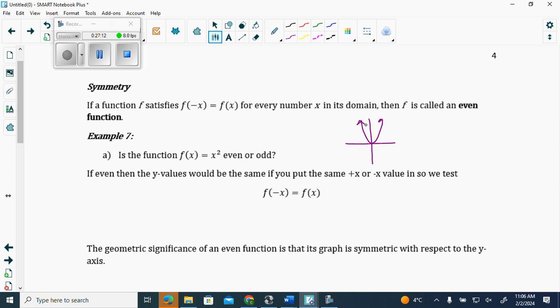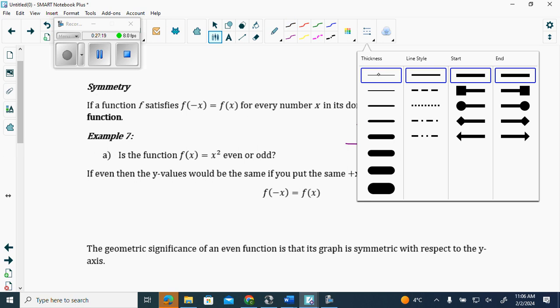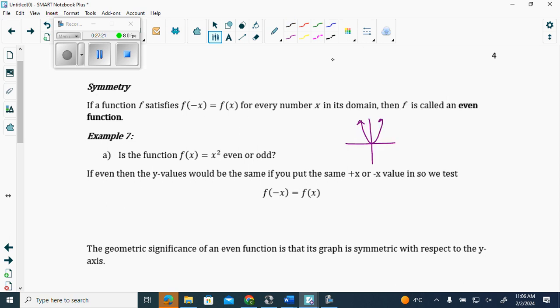Okay? So what this is saying is, if I plug in the same negative x value as the same positive x value, I'm going to get y equals y. Same y's. That's all it's saying. This is just function notation for filling in a negative x. This is function notation for filling in the same positive x, and then they're going to equal, which means the y's will equal.